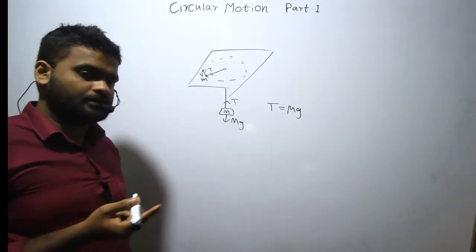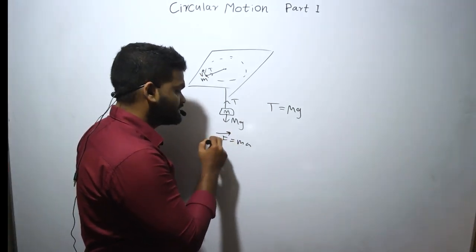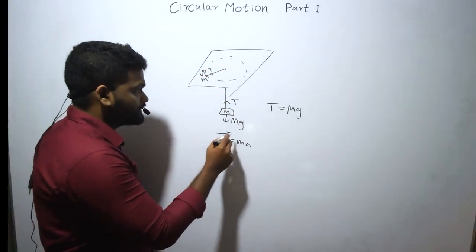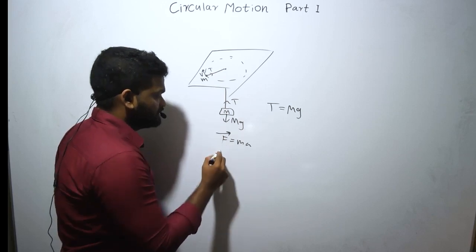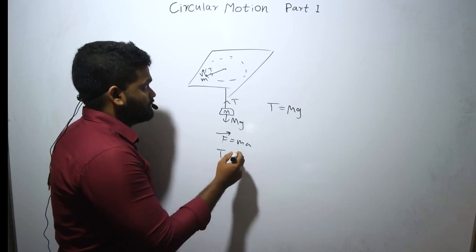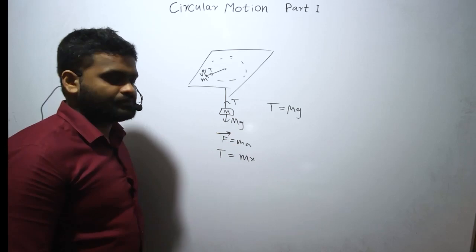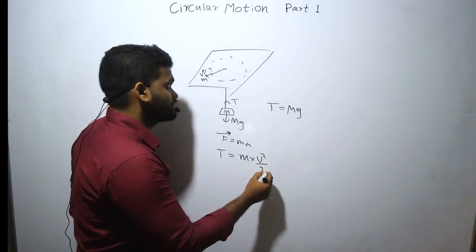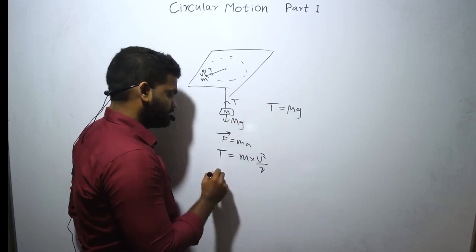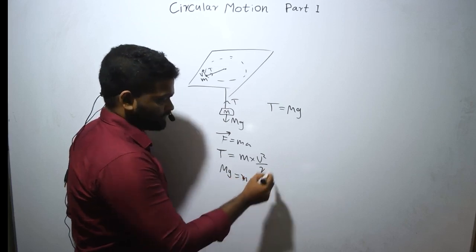Then, as usual, what you have to do is just apply F equals ma towards the center of the circular motion. So center is this one. Tension T is the only force towards the center. Mass is small m. Then the acceleration: since they are talking about tangential velocity, I'll use v squared over r. We have seen that tension is equal to capital M g.